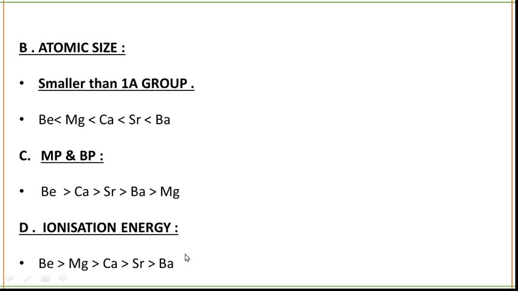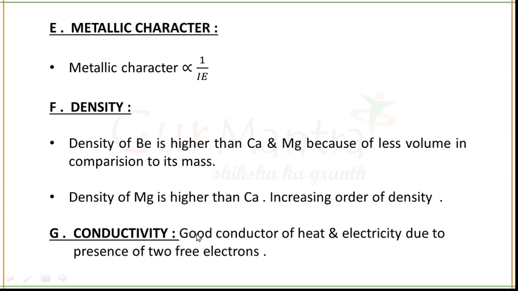From beryllium to barium, the ionization energy decreases. Next is the metallic character. As you know, metallic character is always inversely proportional to the ionization energy. When you increase ionization energy, metallic character decreases.